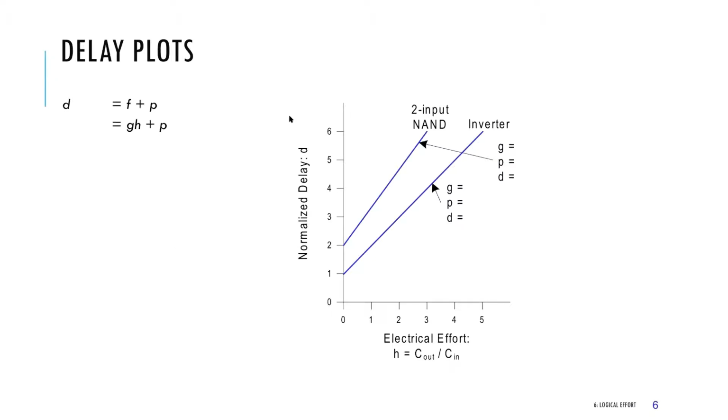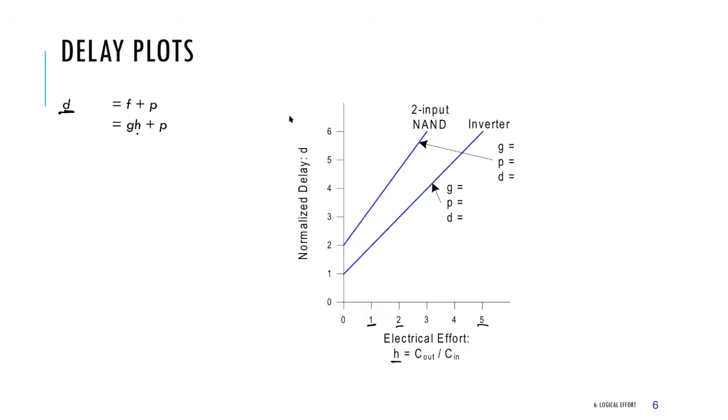Okay, so let's derive this for a NAND gate. But before I do the deriving of it, let's just look at how you would use this. If you show the normalized delay, this D, as a function of H, as a function of fan out. So you're driving one other gate like yourself, two other gates, 3, 4, 5 other gates like yourself. Because look, the variable here is H, G is a constant given.